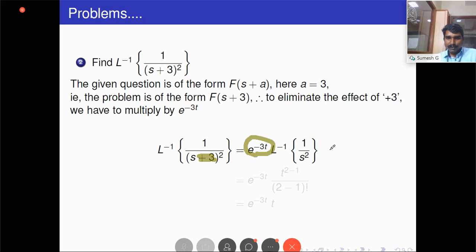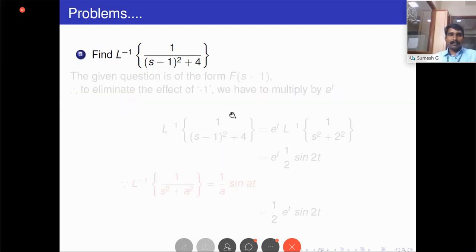L inverse of 1 by s square is of the form L inverse of 1 by s raised to n, which is t raised to n minus 1 by n minus 1 factorial. Here n equal to 2. So the answer is e raised to minus 3t into t raised to 2 minus 1 by 2 minus 1 factorial. Final answer is e raised to minus 3t into t.